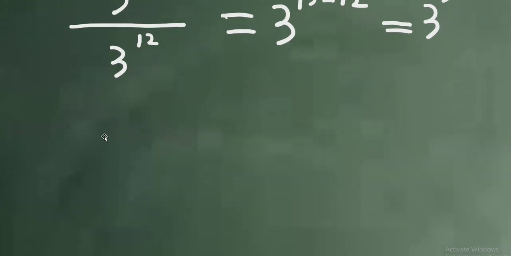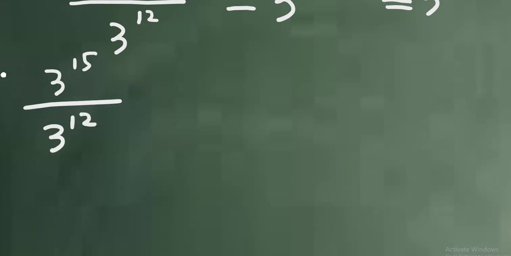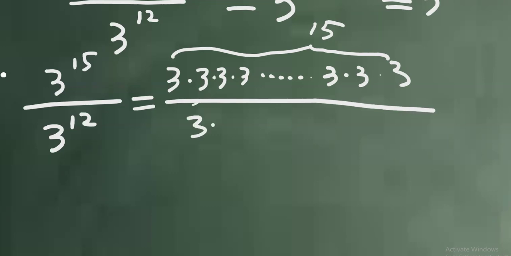We can expand it: 3 to the 15th power divided by 3 to the 12th power equals 3 times 3 times 3 and so on. In total, it's 15 threes, divided by 3 times 3 times 3 times 3 times 3.